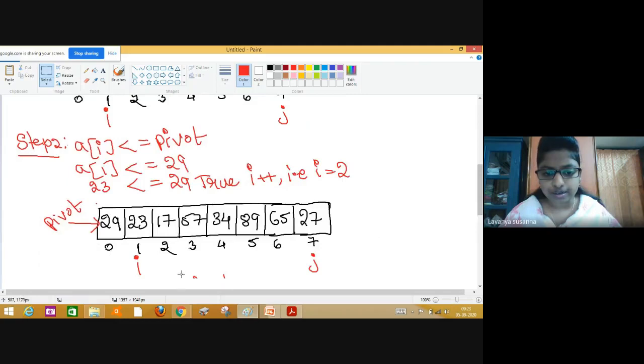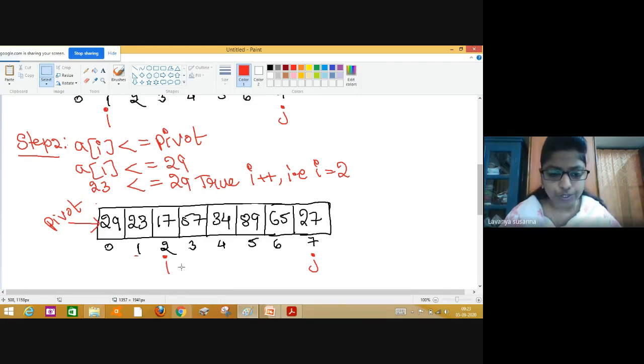Step 2. See here. Now I is pointing to 2, because I plus plus, this is true. When this is true, you need to increment I plus plus. Now I equal to 2. Repeat the process. You need to move I towards right.